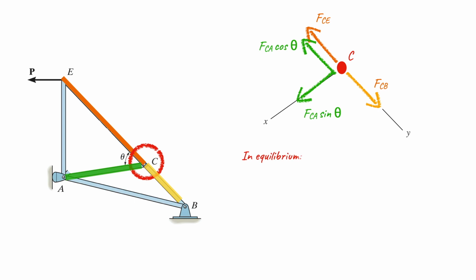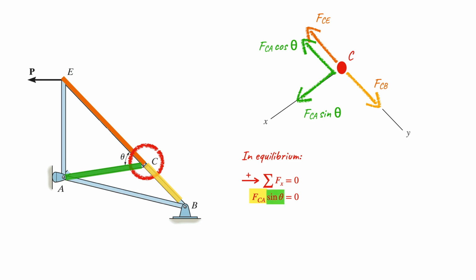Assuming the summation of forces in the x direction is equal to 0, there is only one force in the x direction, which is FCA sine theta. So this expression is equal to 0. From this expression, either FCA can be 0, or sine theta can be 0.